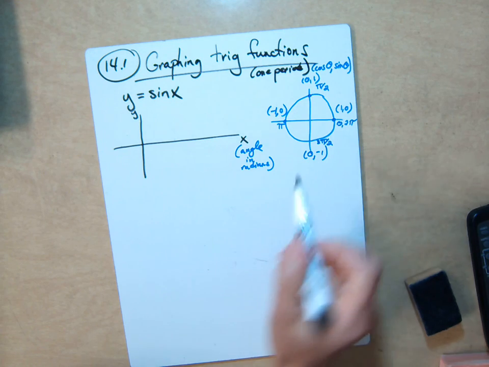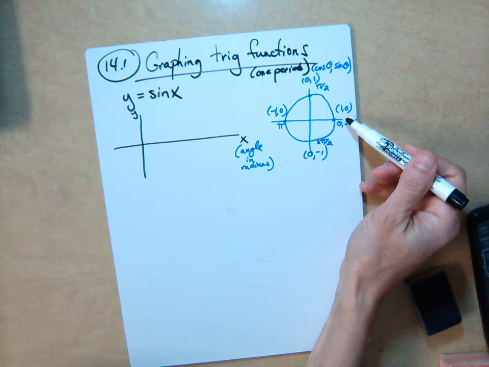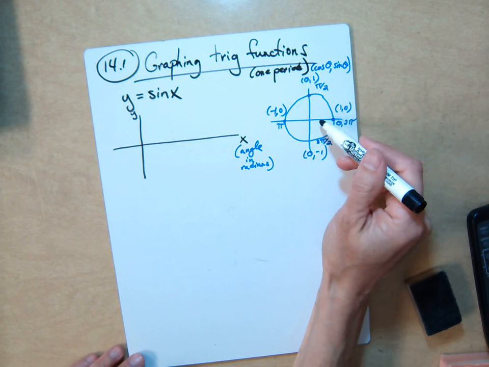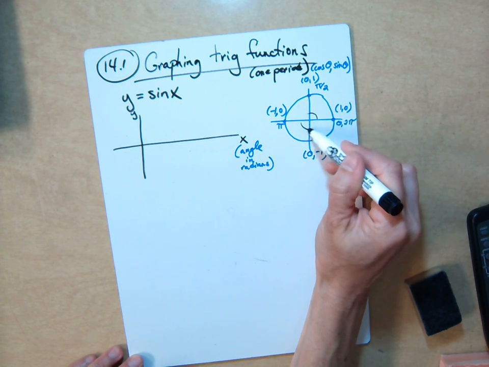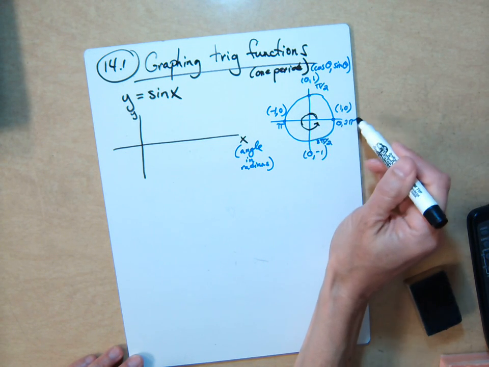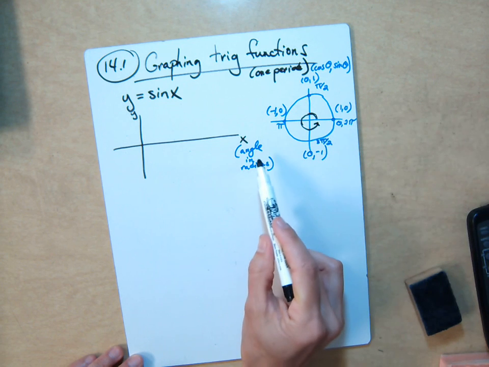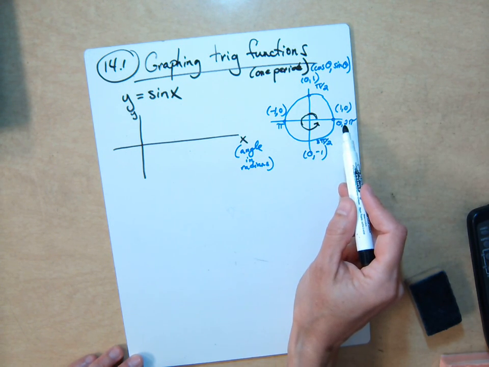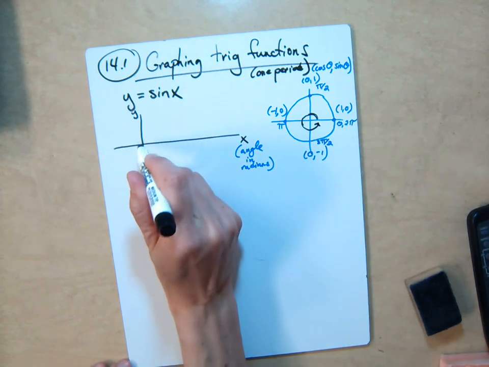So if x is 0, if we're at 0 radians, what's the y-coordinate? As we rotate around the circle, at 0, when the angle is 0 radians, what's the y-coordinate? Yeah, so 0, 0.